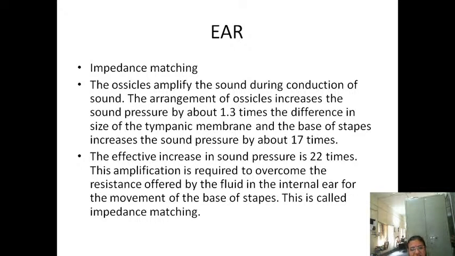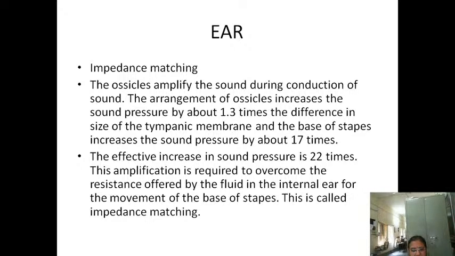Here a lot of physics is involved, so no need to know the basics of physics, but what you have to remember is the ossicles are arranged in such a way that they increase the sound pressure by 1.3 times, and the difference in area of the tympanic membrane and the base of the stapes is 17 times. So multiply 17 into 1.3, it gives 22.